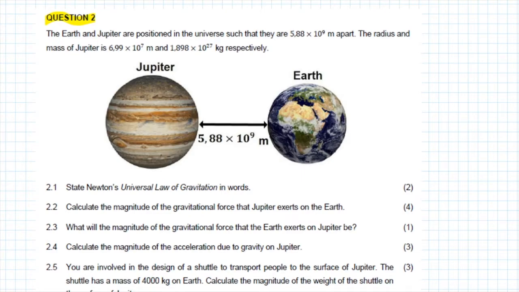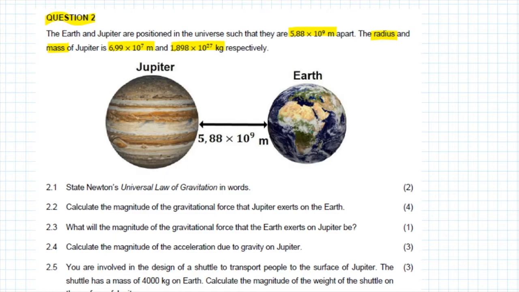So this question says, the Earth and Jupiter are positioned in the universe such that they are 5,88 times 10 to the power of 9 meters apart. The radius and mass of Jupiter is 6,99 times 10 to the power of 7 meters and 1,898 times 10 to the power of 27 kilograms respectively.